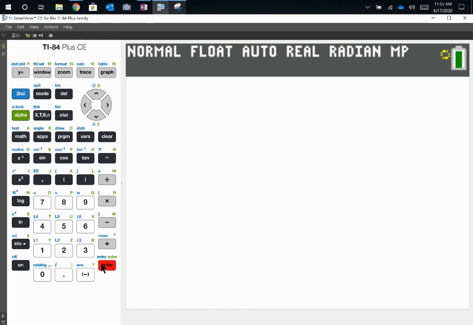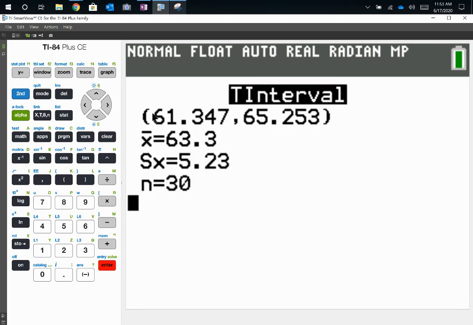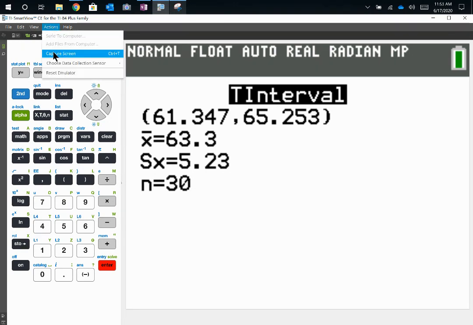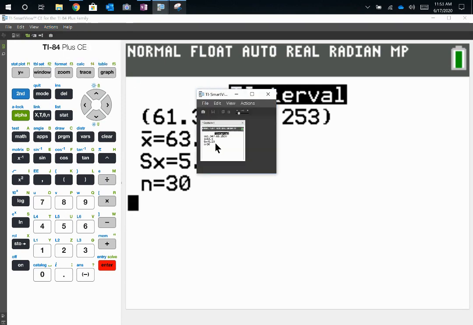Enter and ask it to calculate. And there we go. There's the confidence interval, 61.35 and 65.25. So you can see it's probably faster to do it with the calculator in this case than the StatCrunch program, but know that you can use either one, okay?